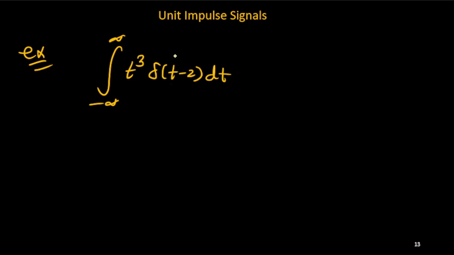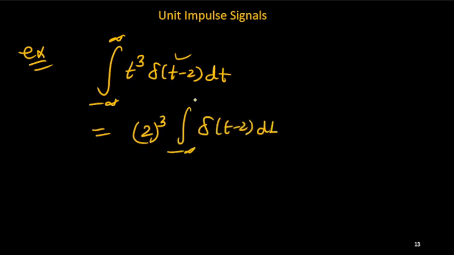This signal exists only at t equal to 2, so I can replace t by 2 here. So 2 to the power 3 is a constant and stays outside. The remaining integral of delta(t minus 2) dt from minus infinity to infinity is 1, so it is 8 into 1, simply 8. We are taking the samples.